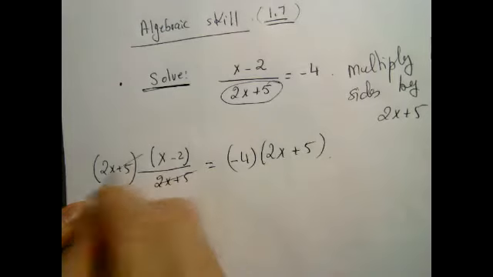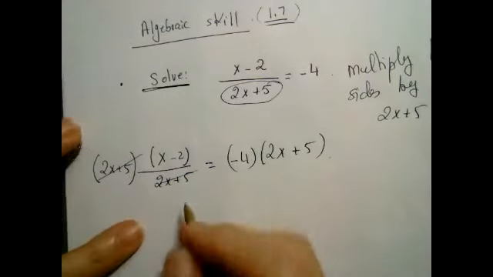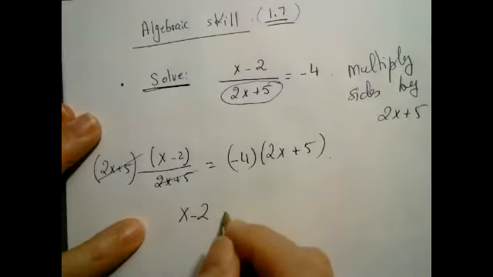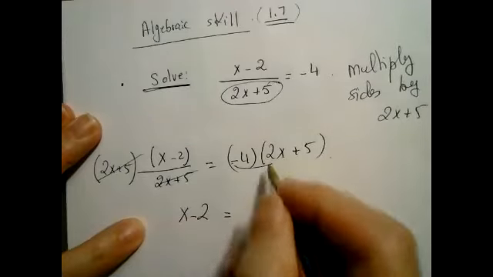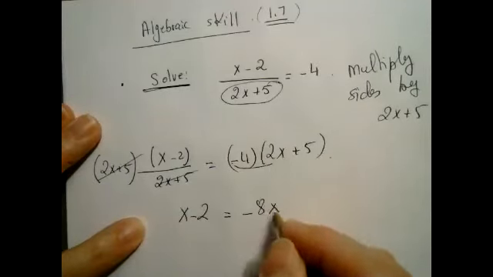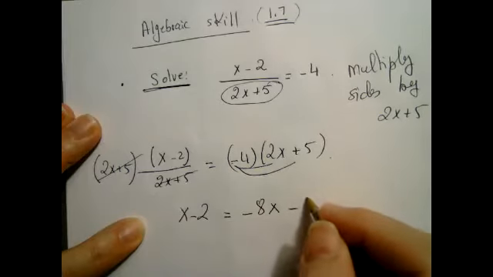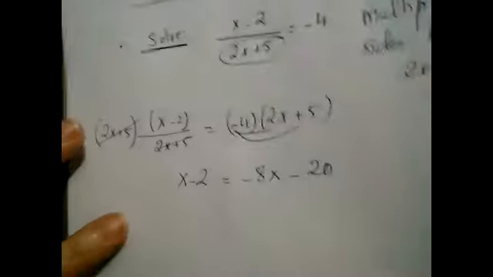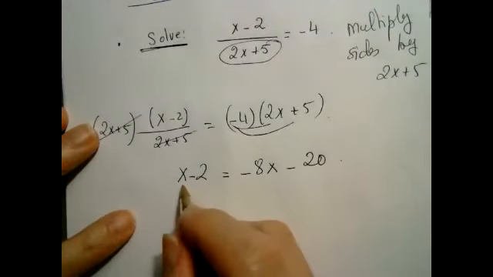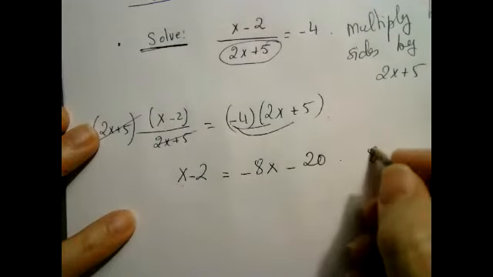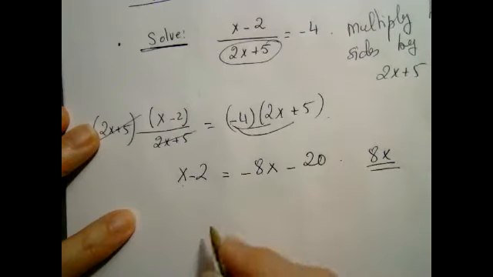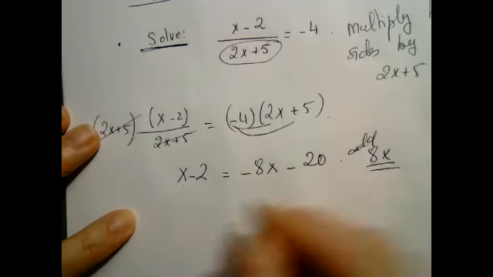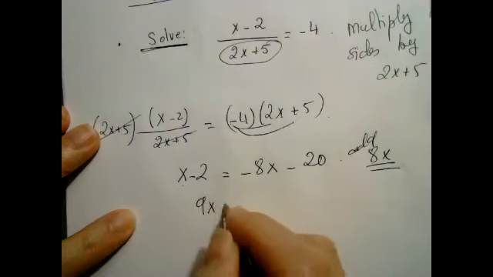Obviously, the goal is to be able to simplify this. And then this will give me, we have to distribute, minus 8x, distribute, minus 20. That will make the problem much easier to proceed. Now I solve. I add x to both sides, I add 8x to both sides. That will give me 9x.